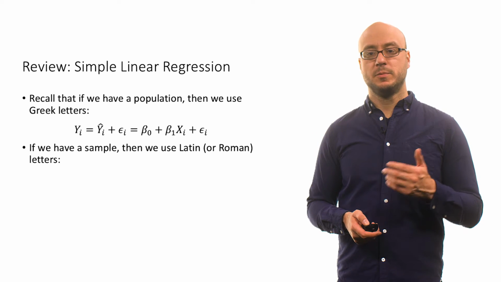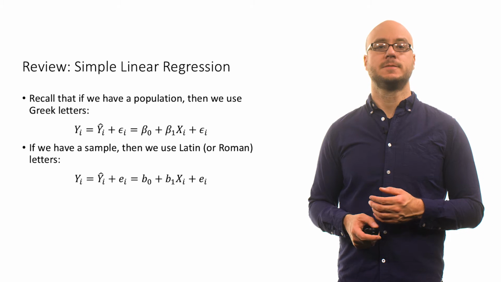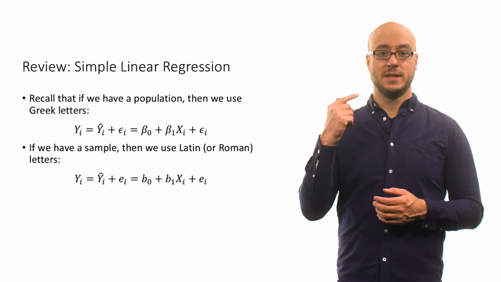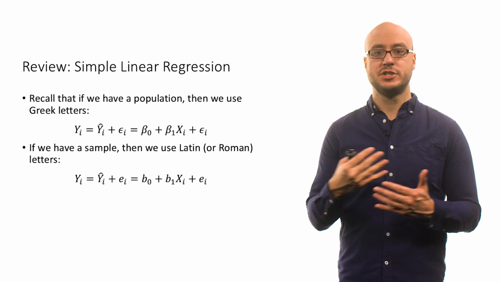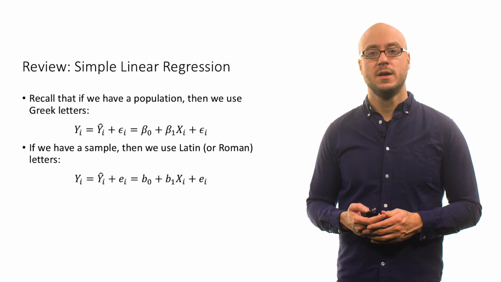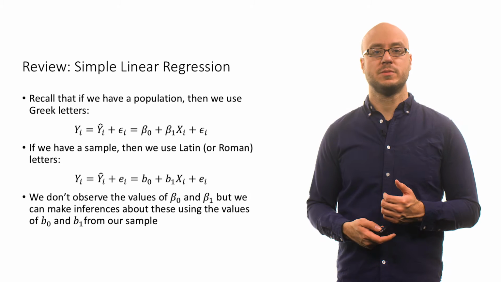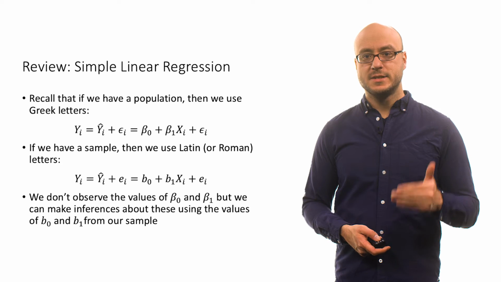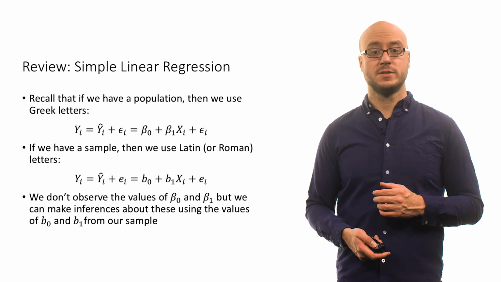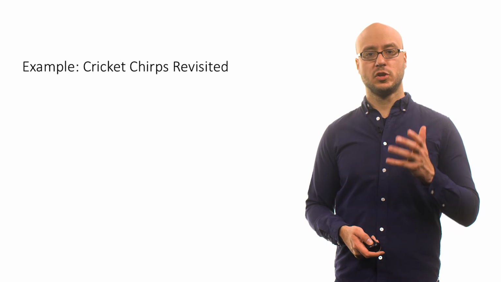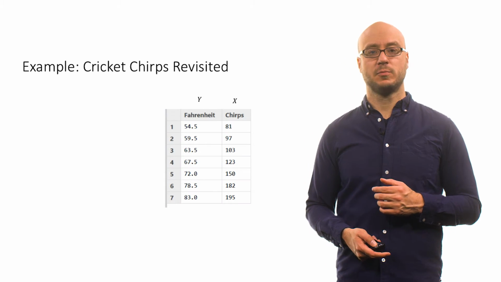If we have a sample, then we will use Latin or Roman letters. The idea is that we want to go from these Latin or Roman letters to these Greek letters. We want to say something about this population regression model based on a sample regression model. The idea is that we don't observe the intercept and slope in the population, but we can make inferences about them. So let's look at this cricket chirps example revisited.